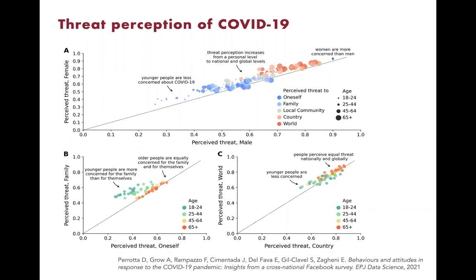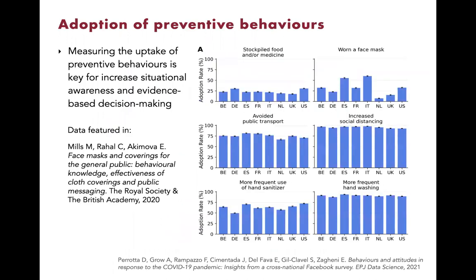So for example, the fact that younger people perceive higher threat to their family and older people perceive higher threat to themselves translates into high levels of awareness, given that we know older people are at highest risk of complications following an infection from COVID-19. And I'll get back to the gender-specific pattern in a moment with the adoption of preventive behaviors that we observed in our sample.